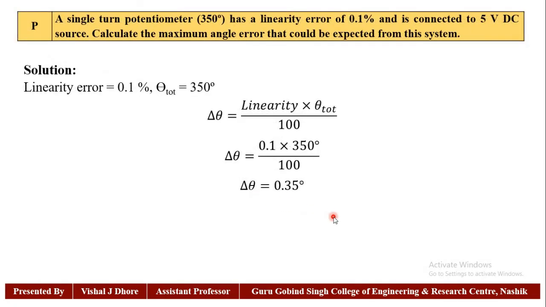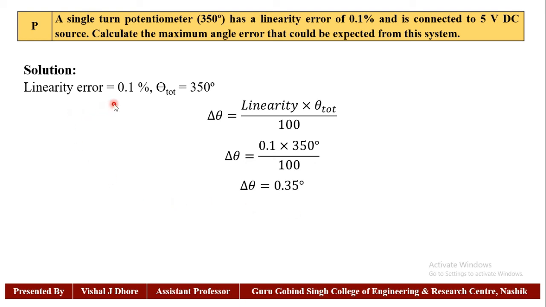Now the next and last numerical of this session: a singleturn potentiometer of 350 degree has a linearity error of 0.1% and is connected to a 5 volt DC source. Calculate the maximum angle error that could be expected from this system.